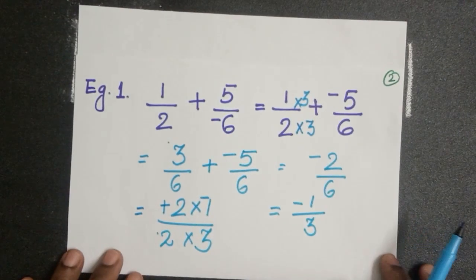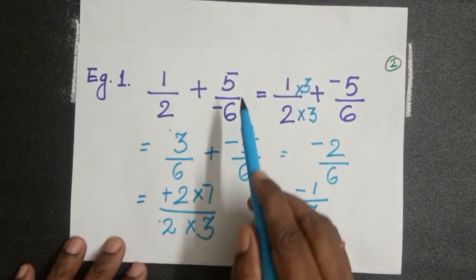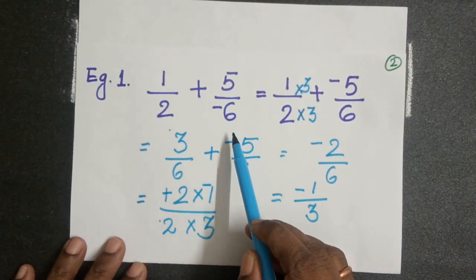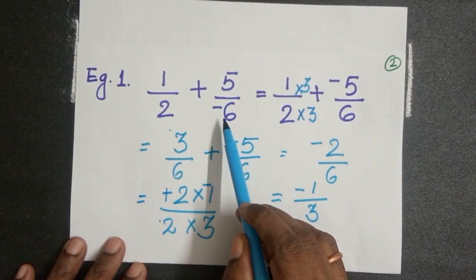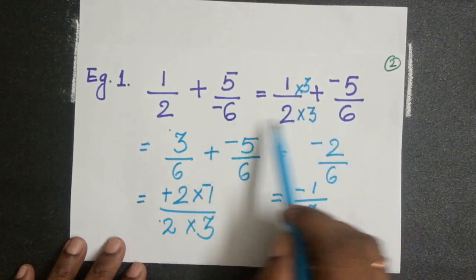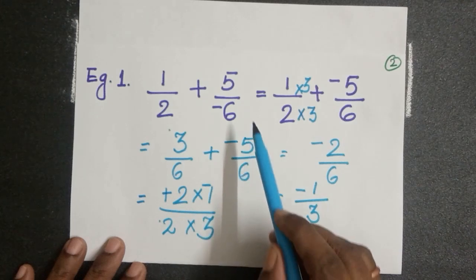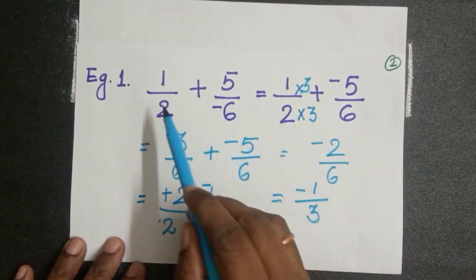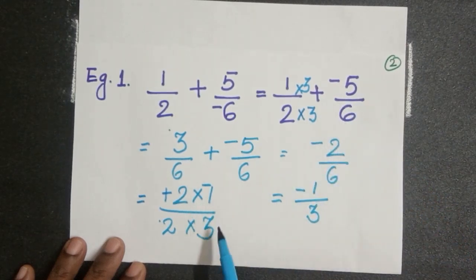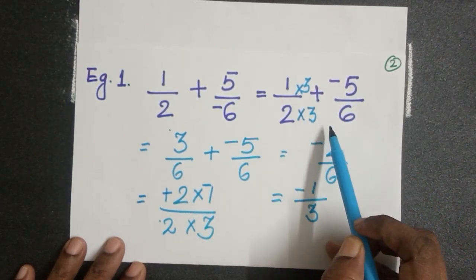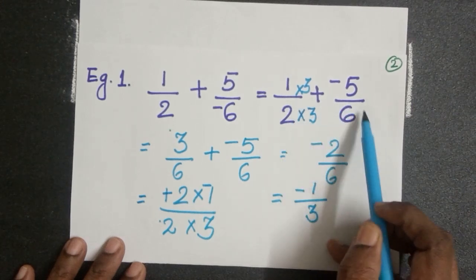See here, there are two rational numbers, 1 upon 2 and 5 upon minus 6. The first thing we have to do is write them with positive denominators. So 1 upon 2 and minus 5 upon 6. Then the second thing is to change their denominators to their LCM.